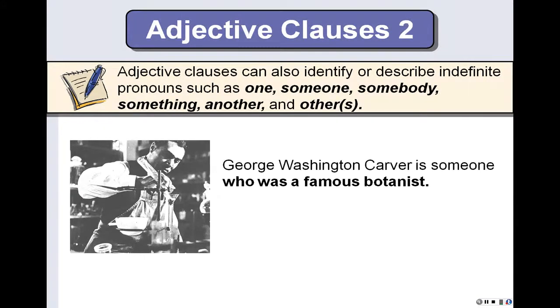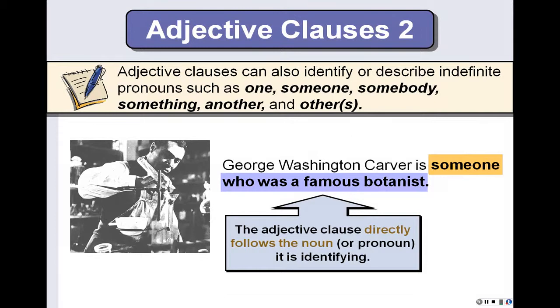George Washington Carver is someone who was a famous botanist. The adjective clause always directly follows the noun or pronoun it is identifying.